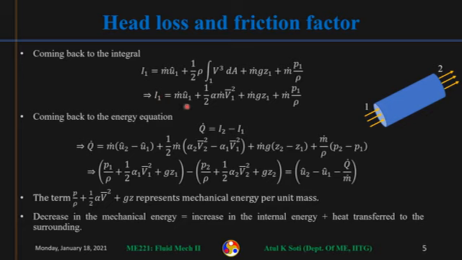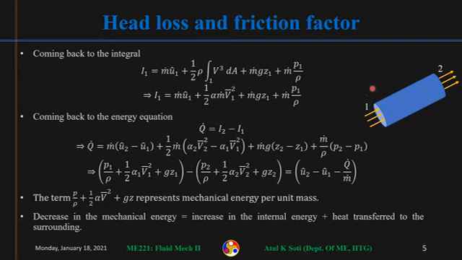So when we put the value of I in this, we get q dot is equal to m dot times u2 hat minus u1 hat, then half m dot. See, m dot will be the same at sections 1 and 2, so m dot can be taken out, and then alpha 2 v2 average squared minus alpha 1 v1 average squared.